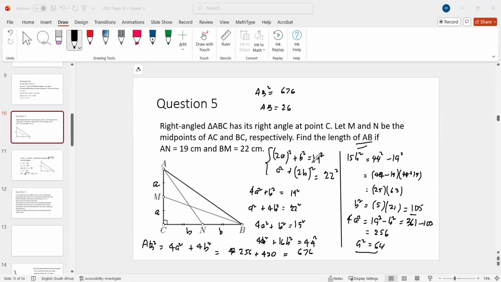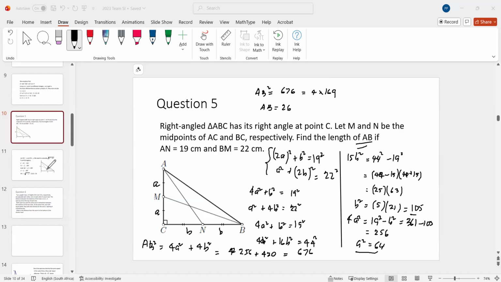All right. I don't know whether it would have been possible to do this without knowing that the square root of 676 is 26. But it's not so difficult because you see, 676 is 4 times 169. If you take out the 4, 169, I think all of you know, is 13 squared. This 2 squared, so 13 times 2 is 26. So AB squared is 26 squared. So AB will be 26.